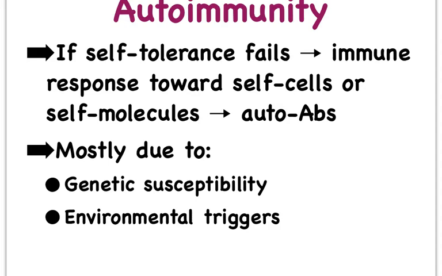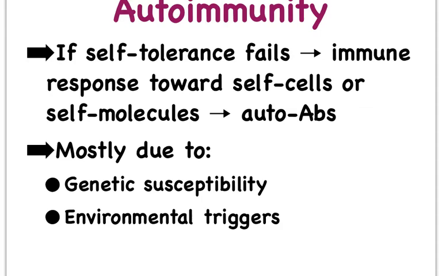So the overlap between hypersensitivity and autoimmunity lies in the fact that the mechanisms are the same, whether it's a hypersensitivity disorder or an autoimmune disorder, except that in an autoimmune disorder, the antibodies that are being built are against our own cells or antigens on our own cells.